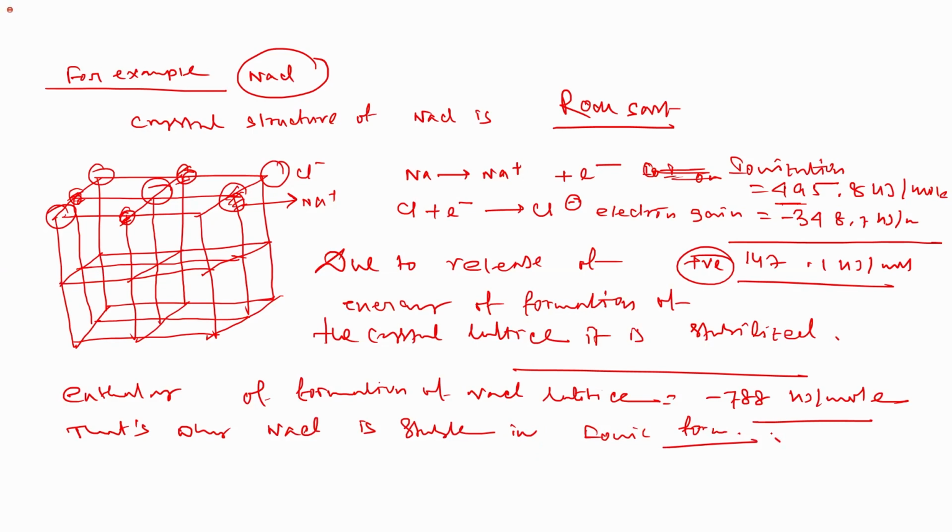It is stabilized because when the lattice is forming, some amount of energy is also released. So if you sum that, the formation of the lattice equals minus 788 kilojoule per mole. So it is a high negative value, and that's why it is stabilized.